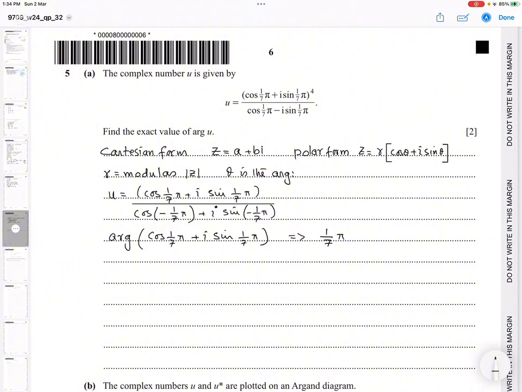And from the denominator, my argument would be minus 1 over 7 pi.